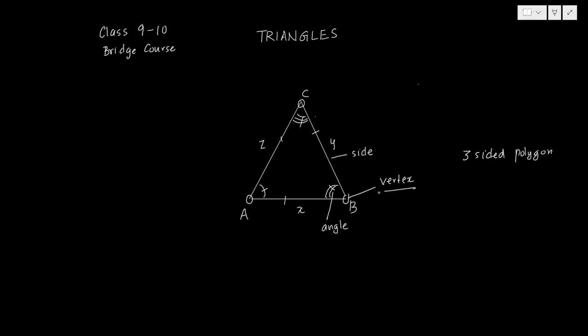The singular is called a vertex. And not every triangle has all of these criteria. The lengths of the sides are marked by X, Y, and Z. And I'm pretty sure you know about this: the sum of all the angles in a triangle is equal to 180 degrees.